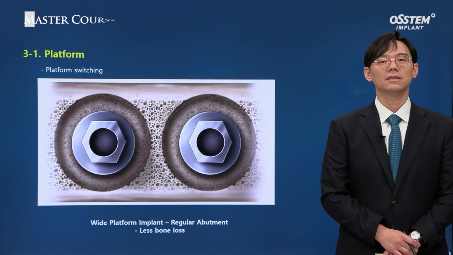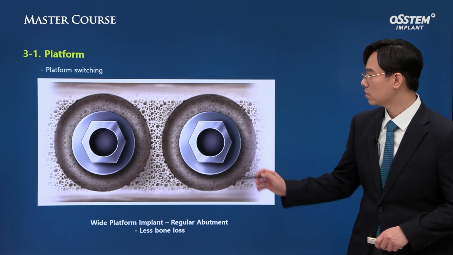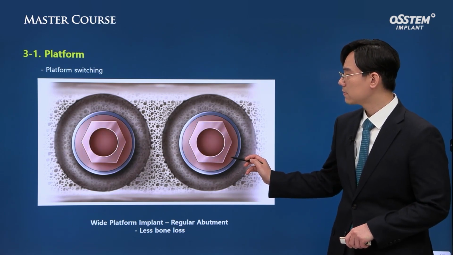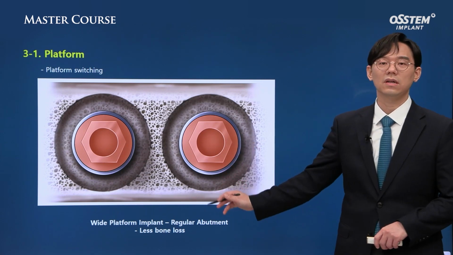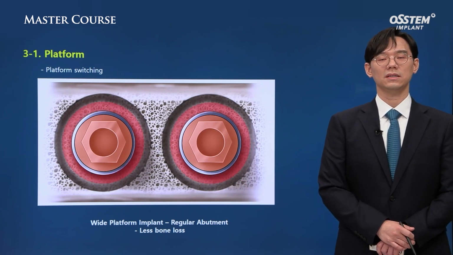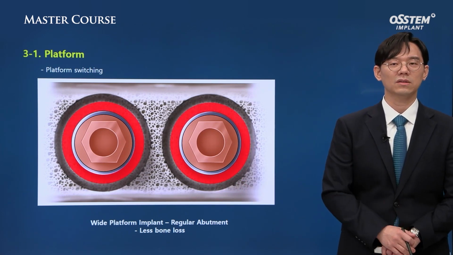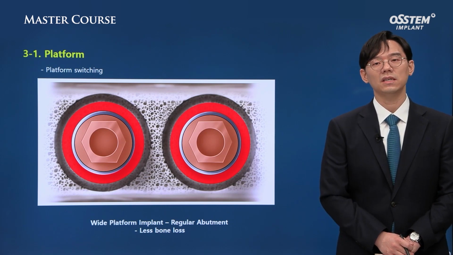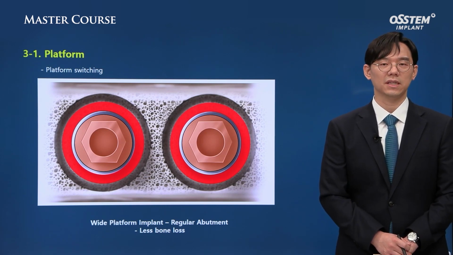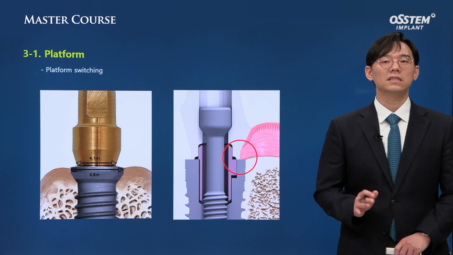However, if you connect a abutment that is smaller, then compared with when the right size abutment is connected, the surrounding bone loss is reduced, and this is what platform switching is about.